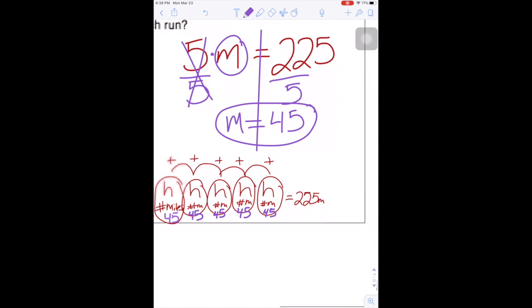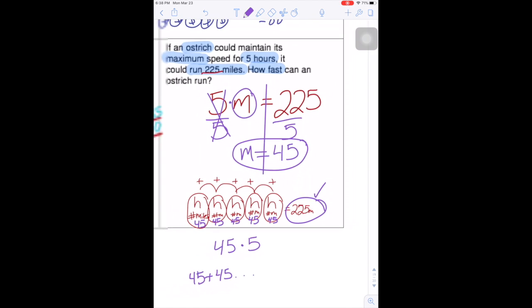And again, if we multiply 45 times 5, or if you went 45 plus 45 and kept going, you would end up with your answer of 225. So check that matches.